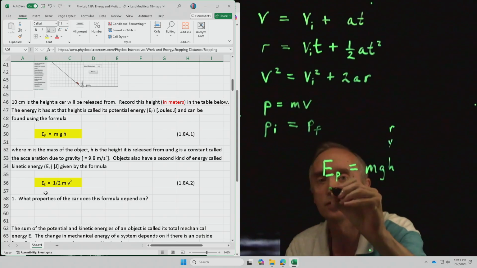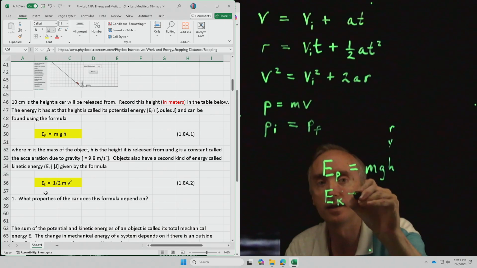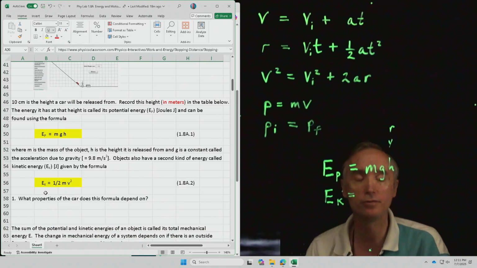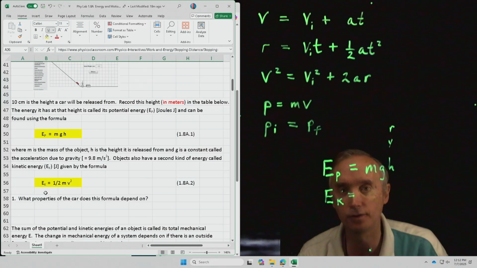And so this is a type of energy, so we're going to use the letter E, and then it's K for kinetic energy, and this is going to be energy of motion. So if something is moving, it has kinetic energy.